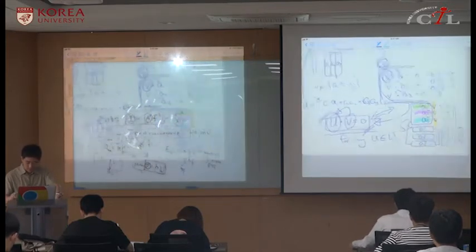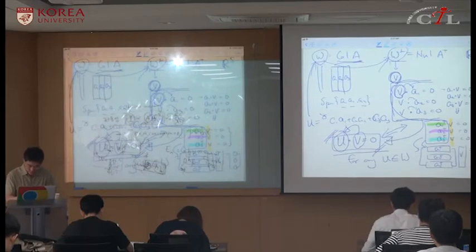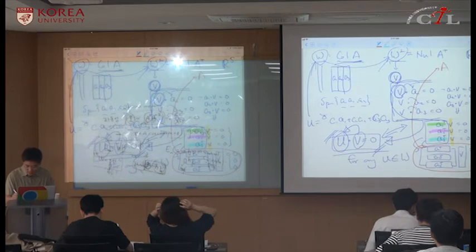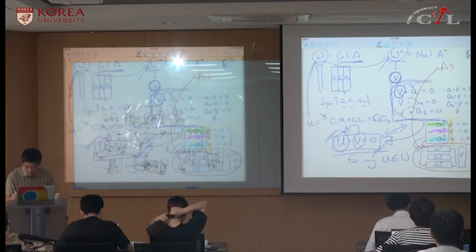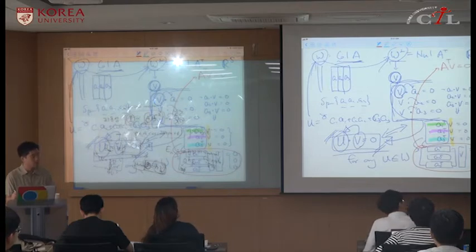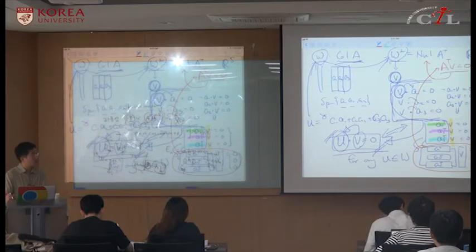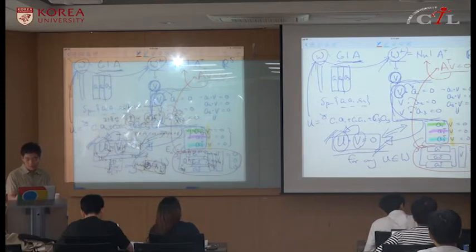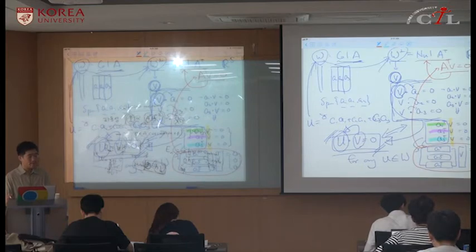So this is just written as A transpose V equals 0. And what is this? It is the collection of all the possible vectors V. That is called the null space of A transpose, because that is the definition of the null space.